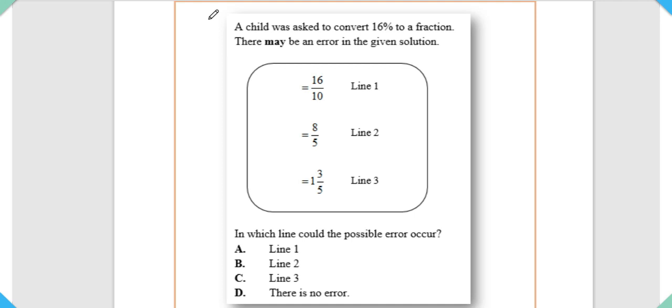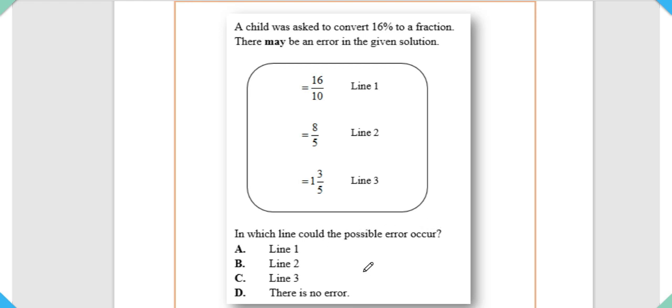This is item 8. A child was asked to convert 16% to a fraction. There may be an error in the given solution. This is the child's solution. The question is, in which line could the possible error occur?